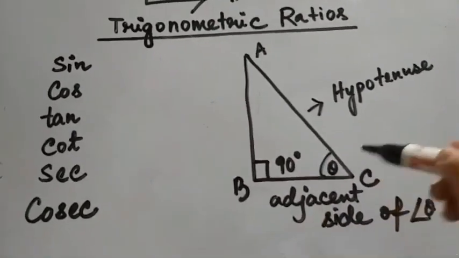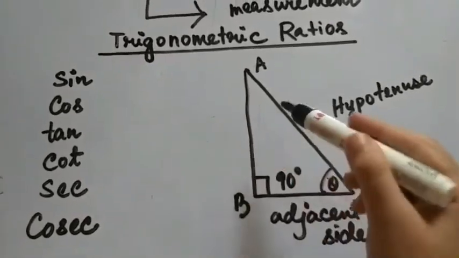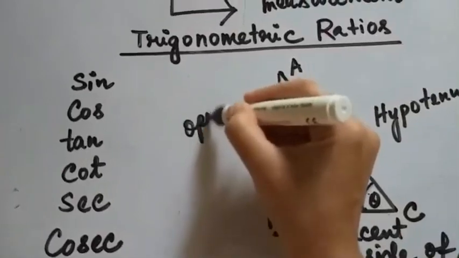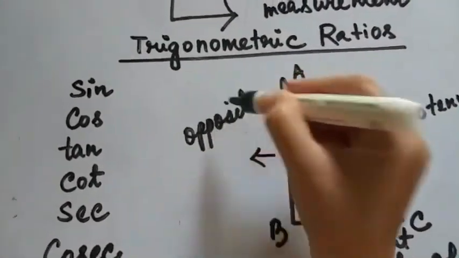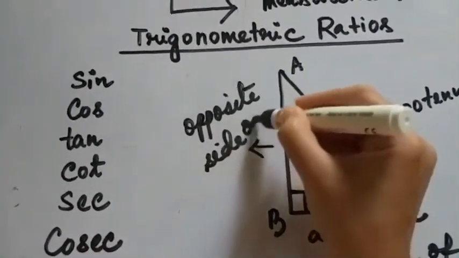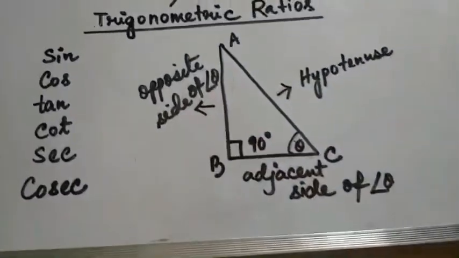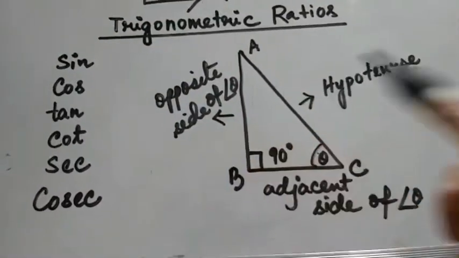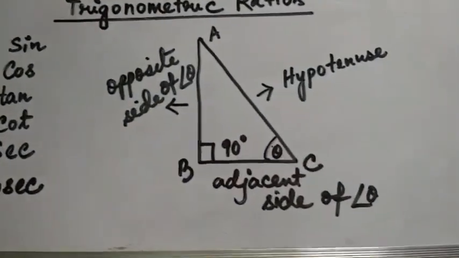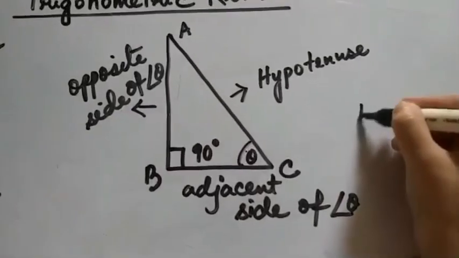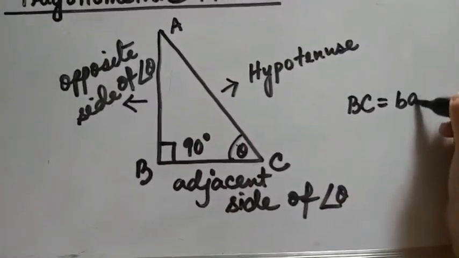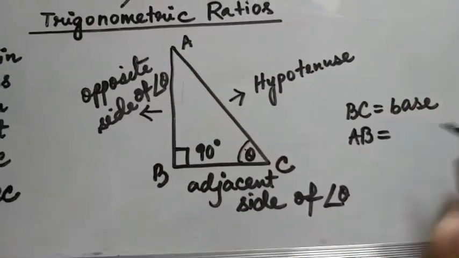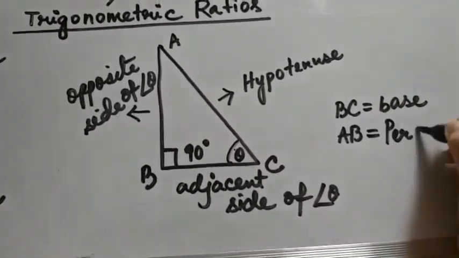And the opposite side of angle theta is AB. Now AB is called the opposite side of angle theta, right? Because it is situated just opposite of angle theta. In the other way, we can call BC side as base, and AB side as perpendicular.